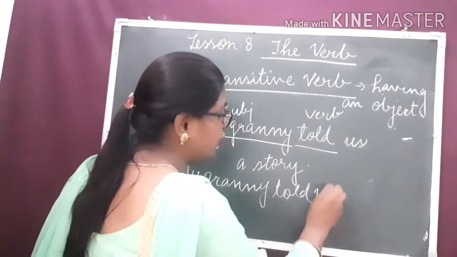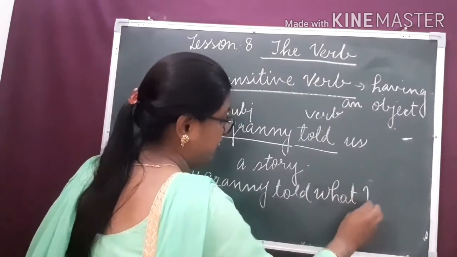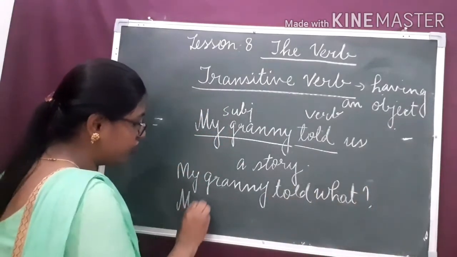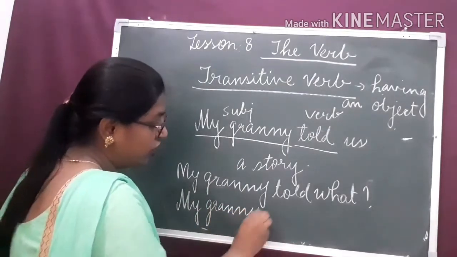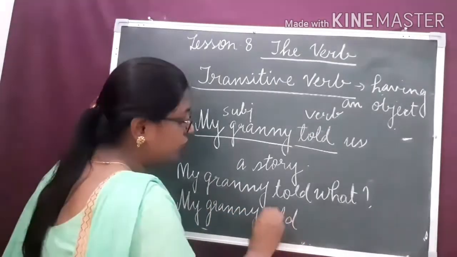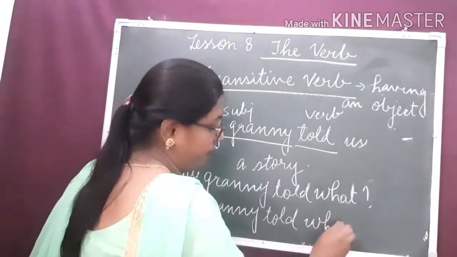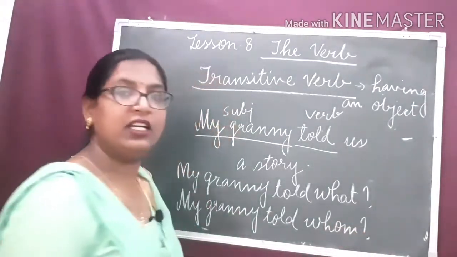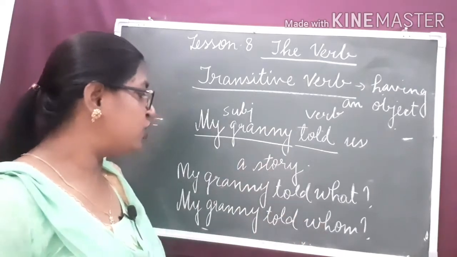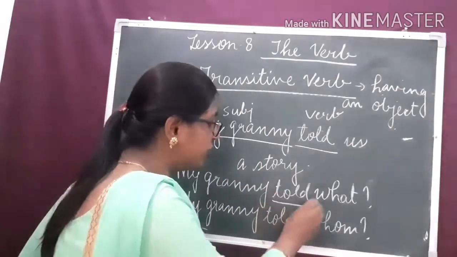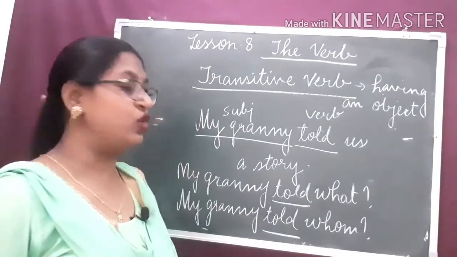And the second question is, my granny told whom? These are the two questions we ask soon after the verb. Told is the verb, and after the verb we are asking these questions.